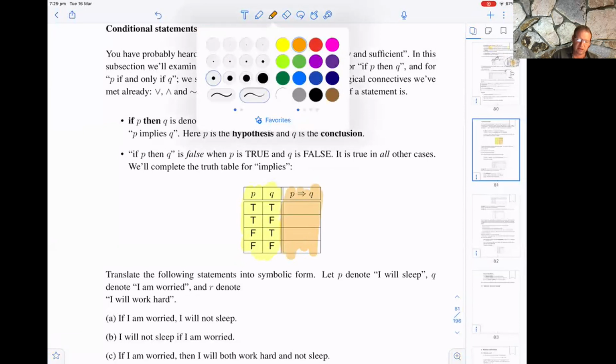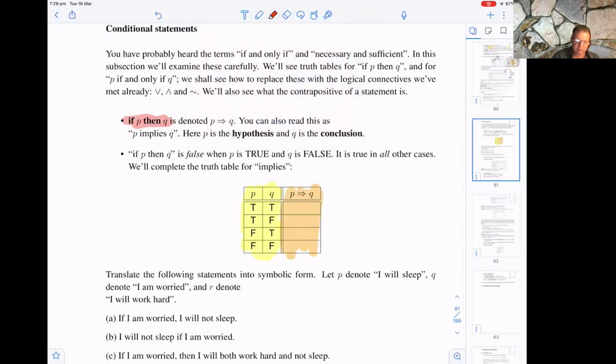So this one's called the if P then Q. Okay, I mean we've used this all the time. We did, if P then Q. Okay, or P implies Q. Now what I'm filling in is actually the definition of what it is. Let's see that the definition would make sense to you.